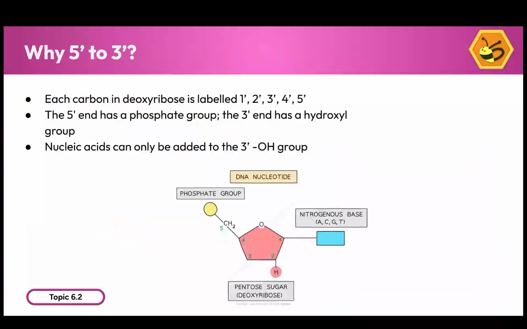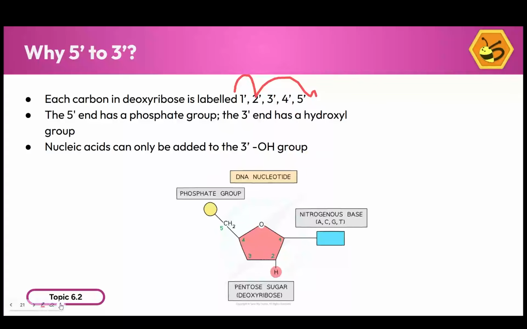So, why 5 prime to 3 prime? This is probably the most confusing part of this subtopic that most people get tripped up on when I've lectured on this in the past. Here's how it works. Each carbon in deoxyribose is labeled 1 prime, 2 prime, 3 prime, 4 prime, and 5 prime.